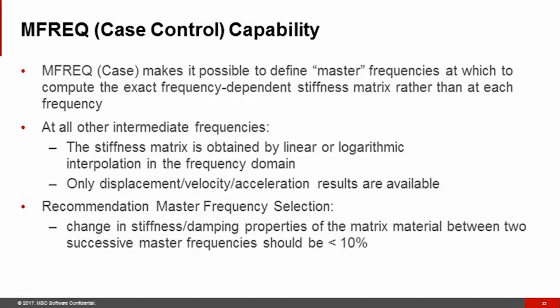The master frequencies allow for a full solution for displacement and acceleration results, and are chosen based on an M-freq tolerance, whose default is about 0.1, and it goes across all the associated frequency-dependent materials.